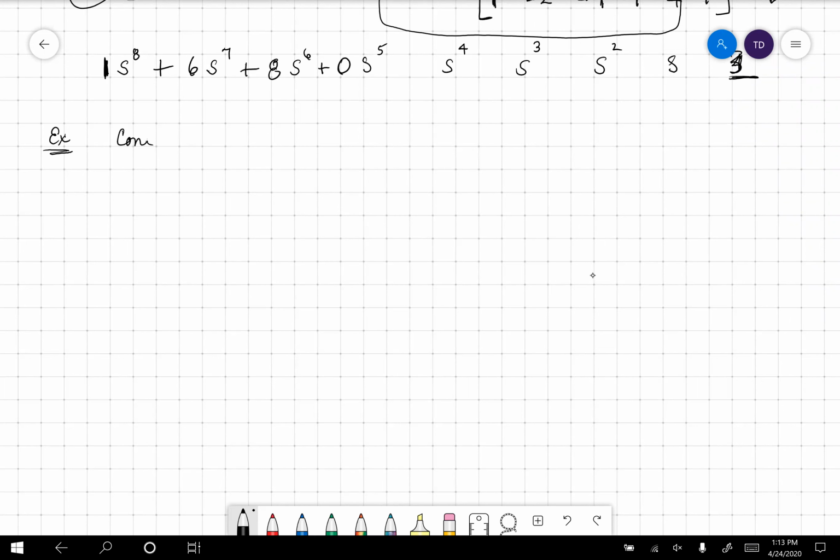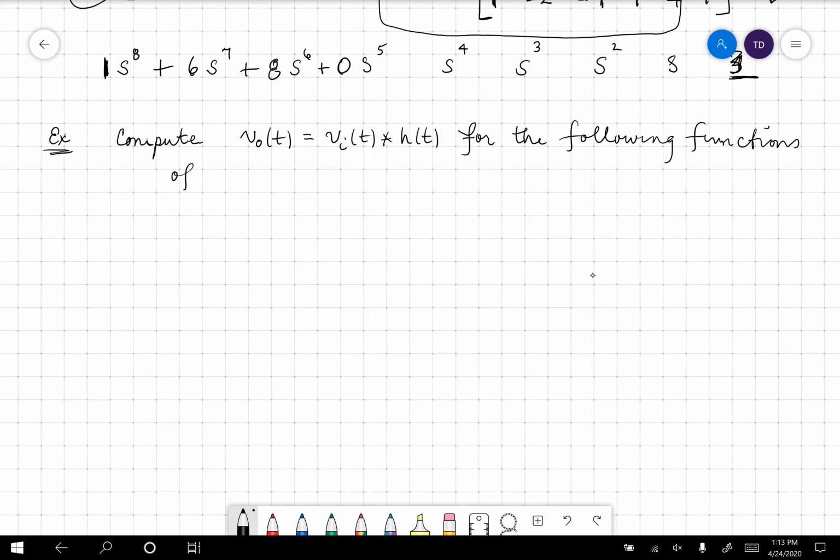Compute vo of t, which is equal to vi of t convolved with h of t for the following functions of vi of t and h of t. Okay, so graphical convolution means somebody's going to give them to you in a picture.